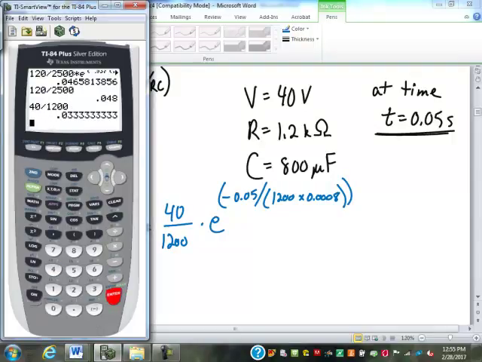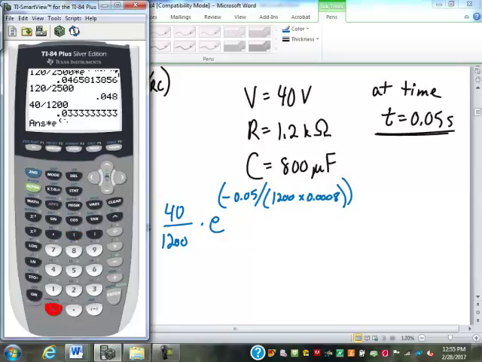Our max current would be 33.3 milliamps times second ln... 0.3164.